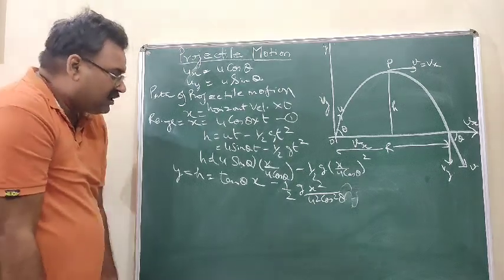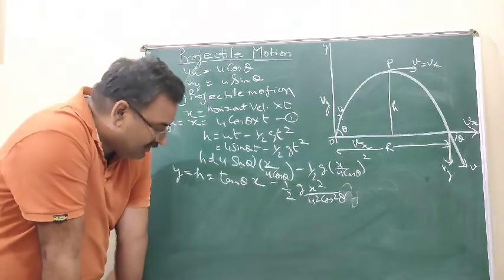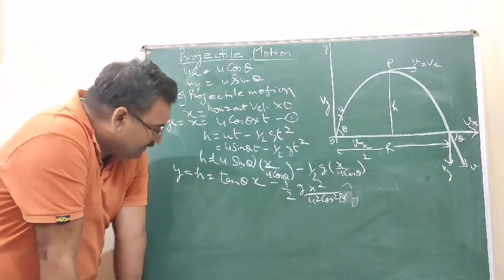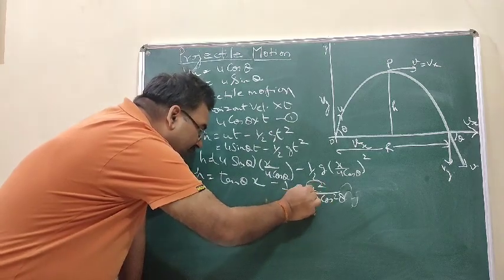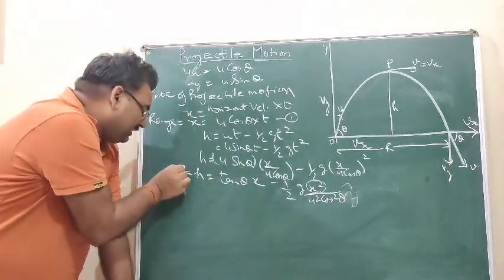Now this equation is quadratic in x and linear in y. Here, what is the power of x? It is 2.